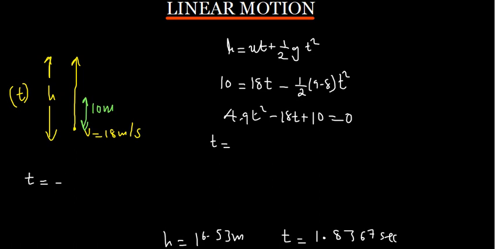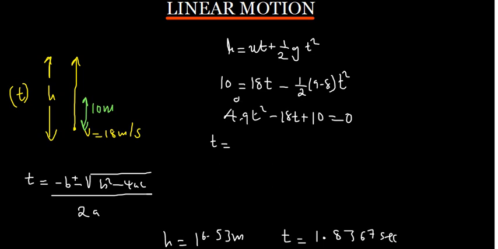Minus b plus or minus the square root of b squared minus 4ac, over 2a. Okay, divided by 2a. Now friends, make sure that this division reaches to the end here. If you cut it so it reaches only here, friends, that's wrong.